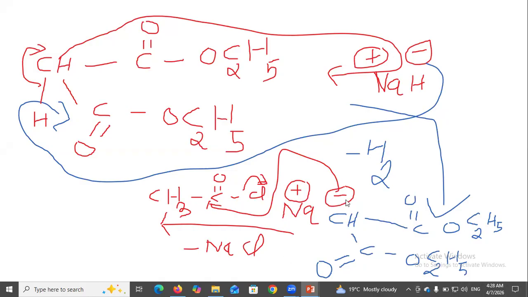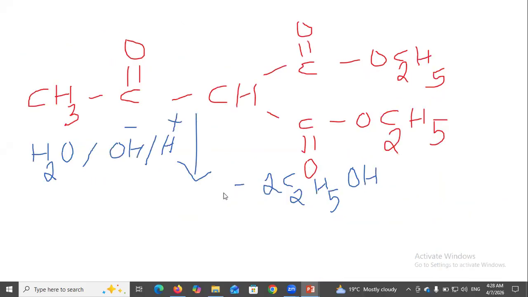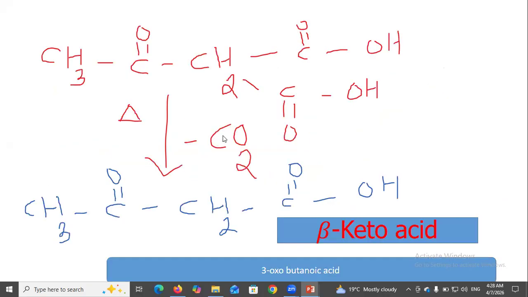Again, this carbanion attacks on ethanoyl chloride and produces this product, and hydrolyze and heated, beta-keto acid.